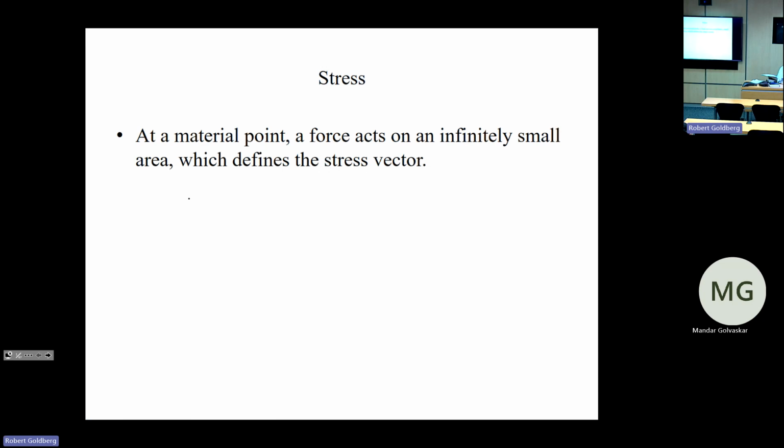So what we're going to do this week, and then probably a little bit next week, is a review of some of the fundamentals of elasticity theory.